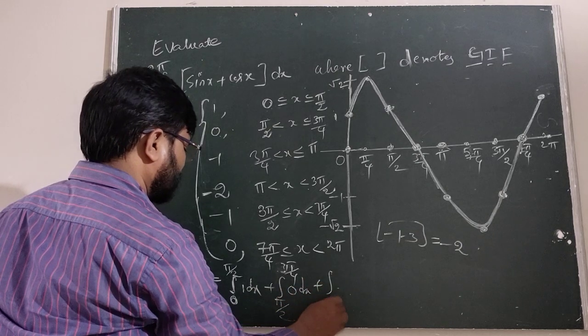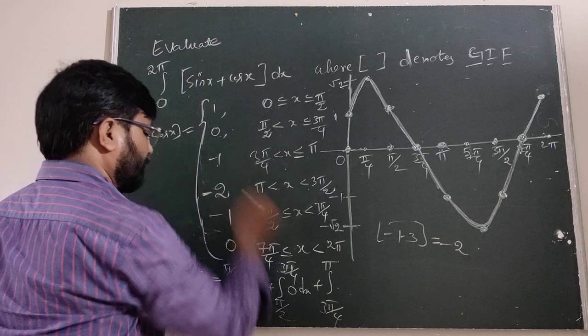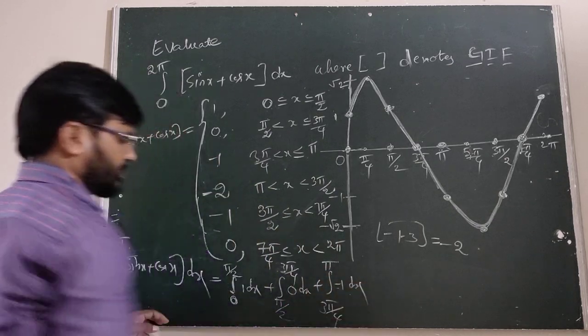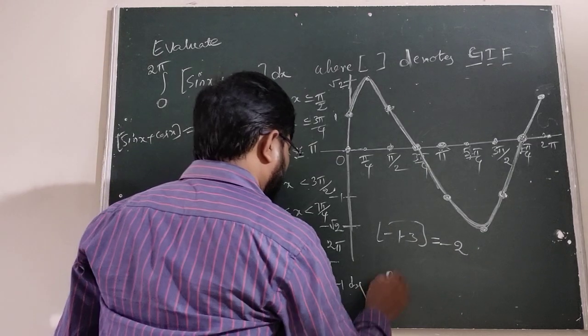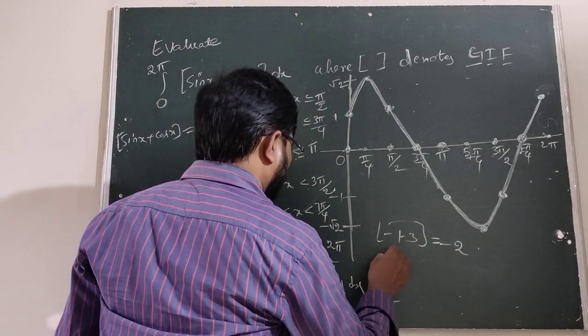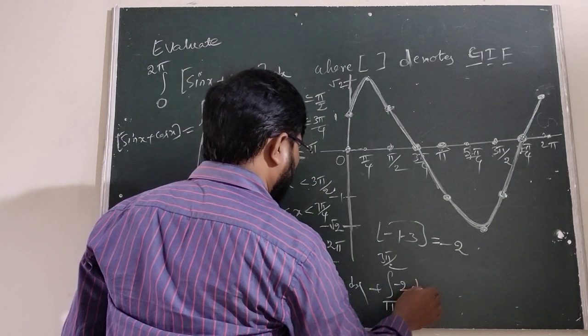How to write next? 3 pi by 4 to pi, then it will be minus 1 into dx. Yes, the next one is the integral of pi to 3 pi by 2, that is minus 2 dx.